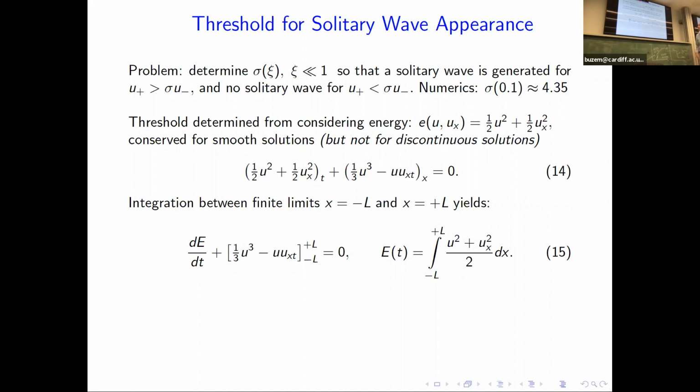Now if I integrate between finite limits minus L and L, I've got the time derivative of the integral of the energy, and then evaluating this term, when we integrate, we get limits at x equals L and x equals minus L. So this is an equation that we'll use, but not just yet.